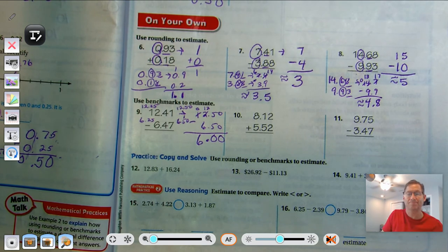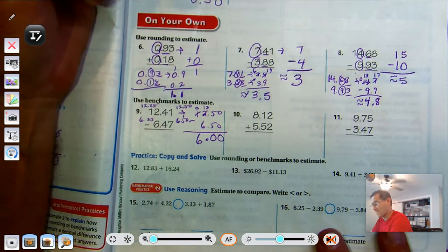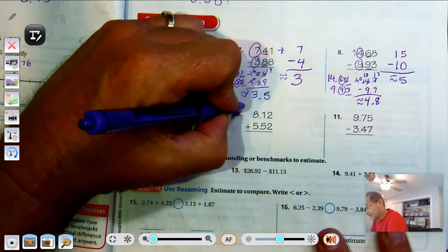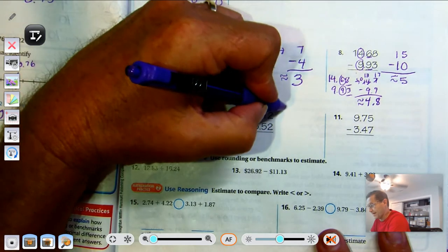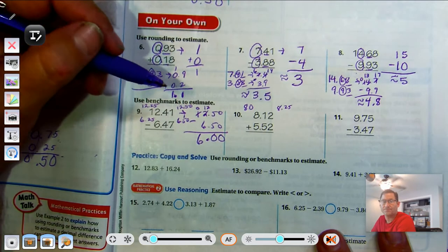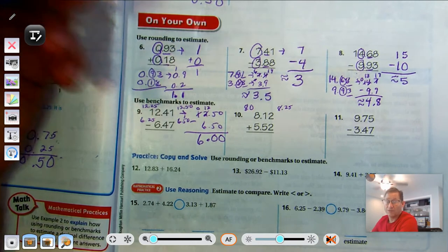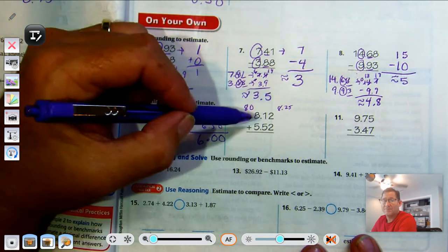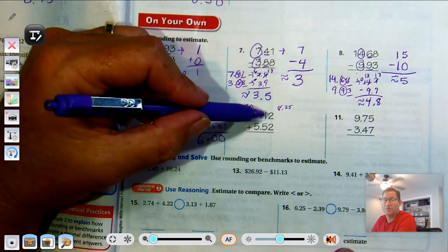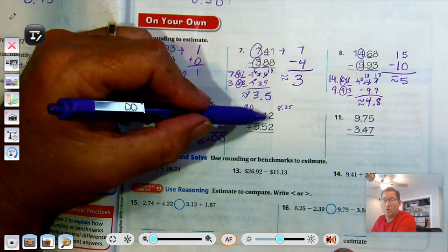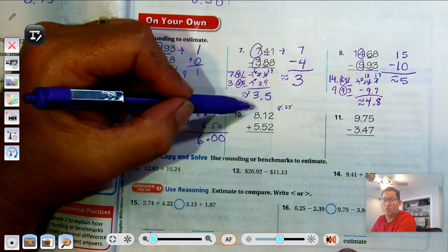Number 10. 8.12, that's in between 8.0 and 8.25. It's really, really close to both sides, but it's actually a little closer to 8.0. To go from 12 to 0 would be backing up 12 spaces.